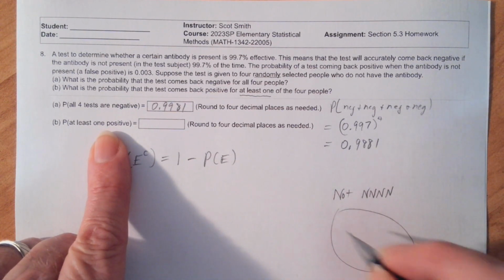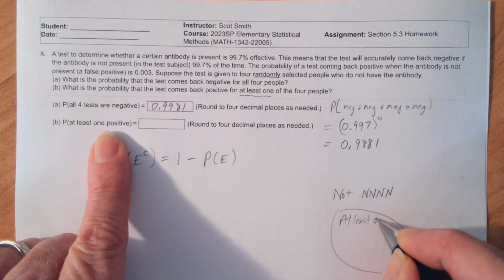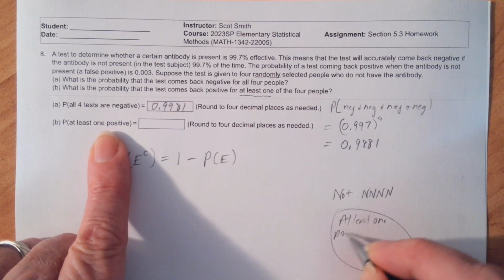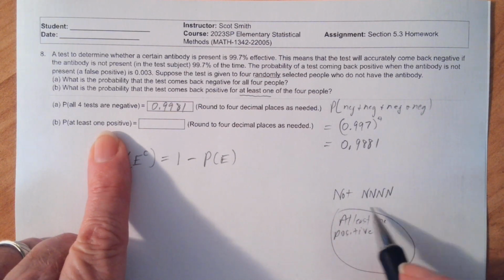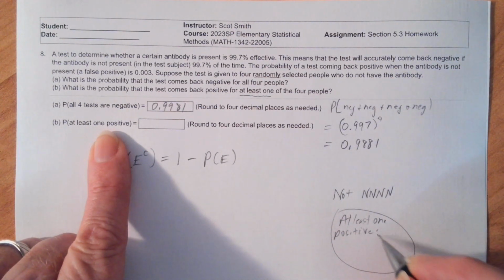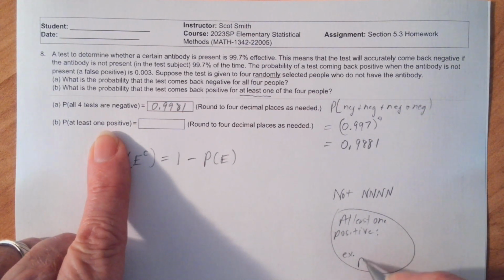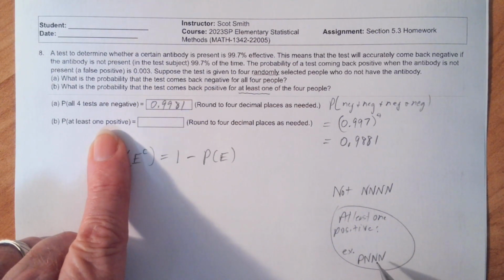Now basically at least 1 positive is the complement to all 4 of them being negative. In fact, an example here would be if we'll say the first one's positive and the other ones are negative. And it doesn't matter how many positives we have, we're going to have at least 1 among our outcomes here.